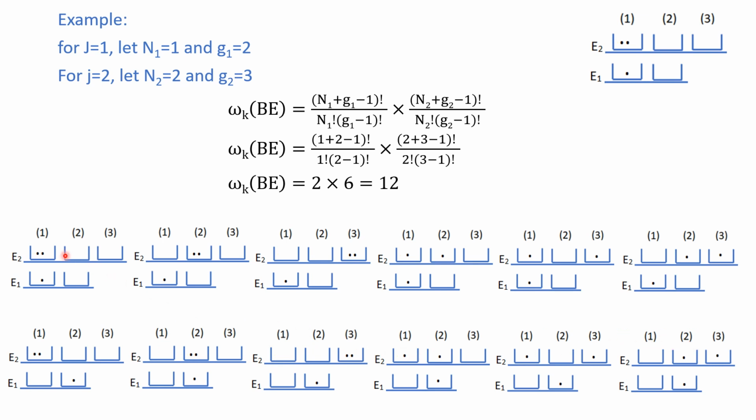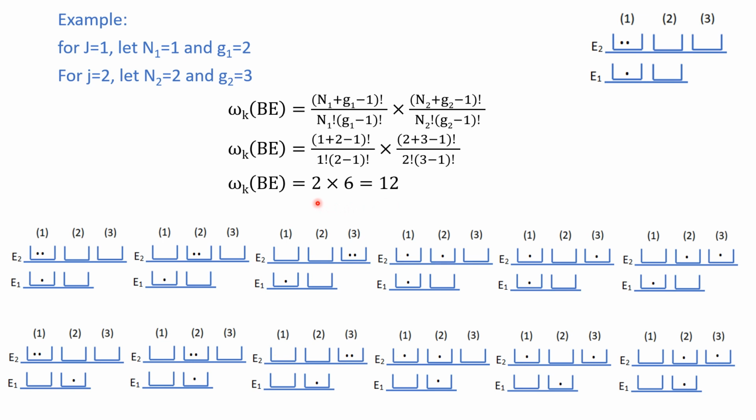So what does it mean? We have 6 microstates here in the first row and 6 microstates here in the second row. So we have a total of 12 microstates. That means for one microstate there are 6 microstates, and then for another one microstate there are 6 microstates. So that is why we have a multiplication of 2 by 6, and that gives us 12.